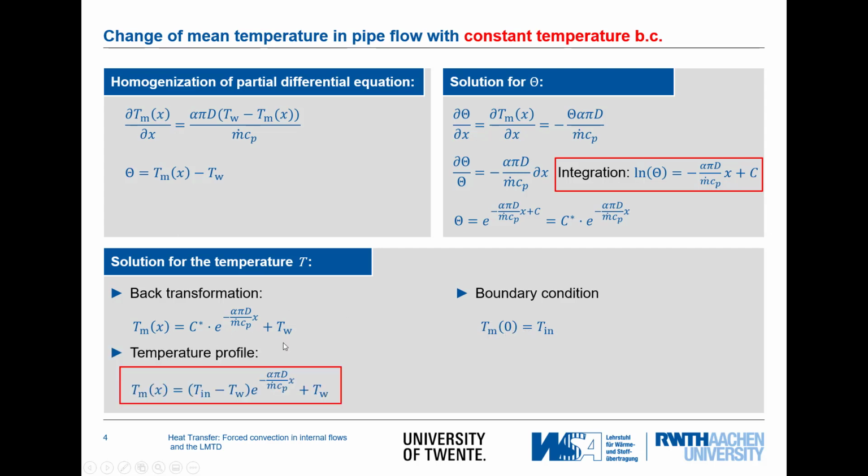If we use this, we can see that c star is simply given in a way that we finally get T in minus T wall. So we have now a nice explicit expression for the mean temperature depending on the inlet temperature, the wall temperature, and the heat transfer coefficient.